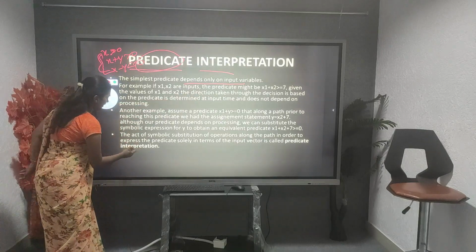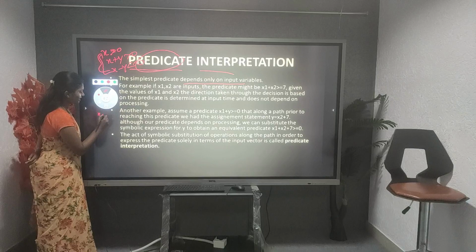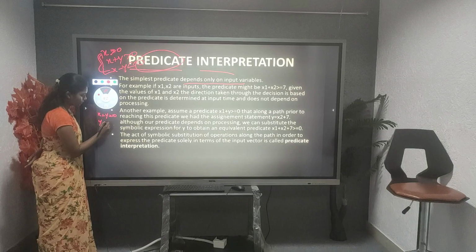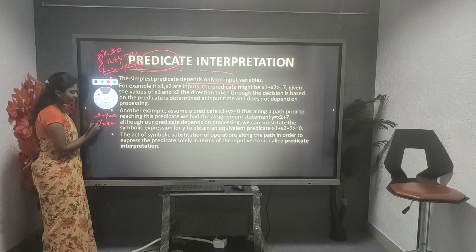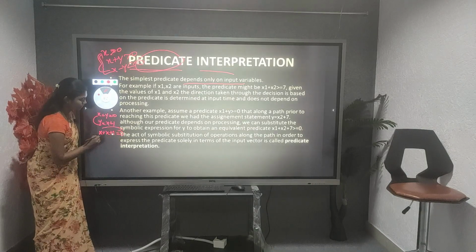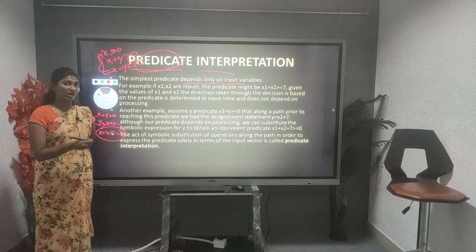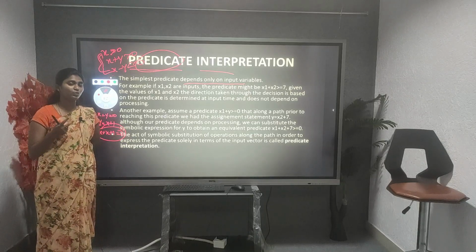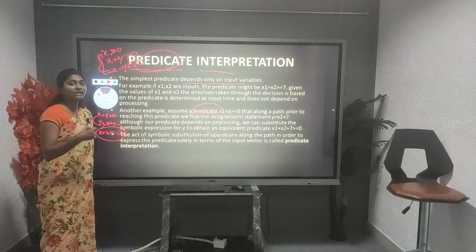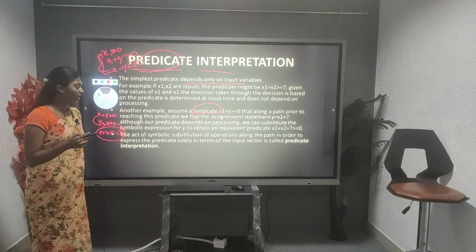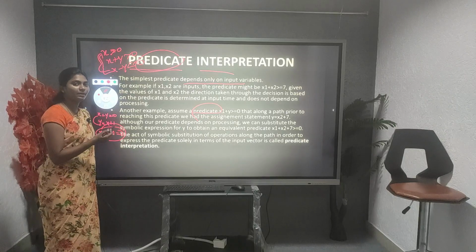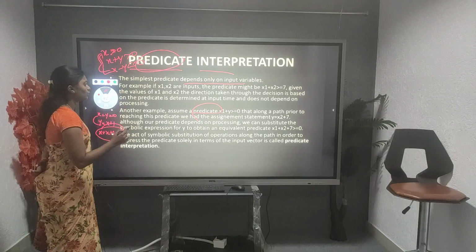Coming to another small example: x plus y is equal to 0, y is equal to x plus 1. We substitute y, so x plus x plus 1 is equal to 0. This is interpretation: two relations or functions are combined into one function, deriving predicates that depend on the earlier predicates, so it represents symbolic equations.